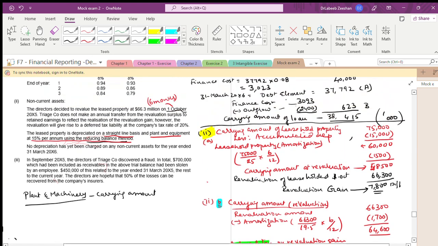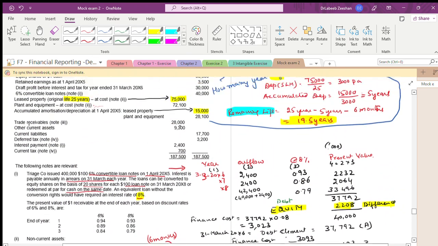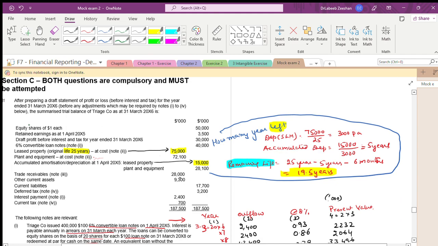They have mentioned the carrying amount.